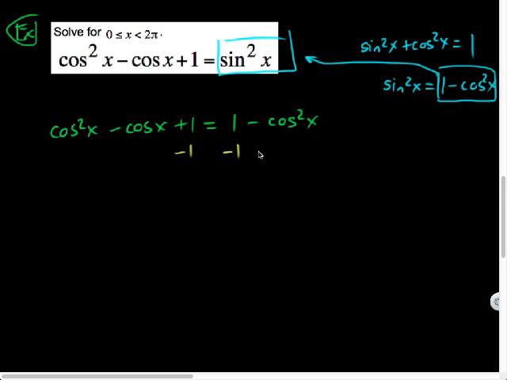So I'll subtract 1 from both sides. I'll add cos squared to both sides. Question, how many cos squareds do I have here? 2 of them. 2 cos squared x minus cos x. 1 and negative 1 cancel out, and then that all equals 0.